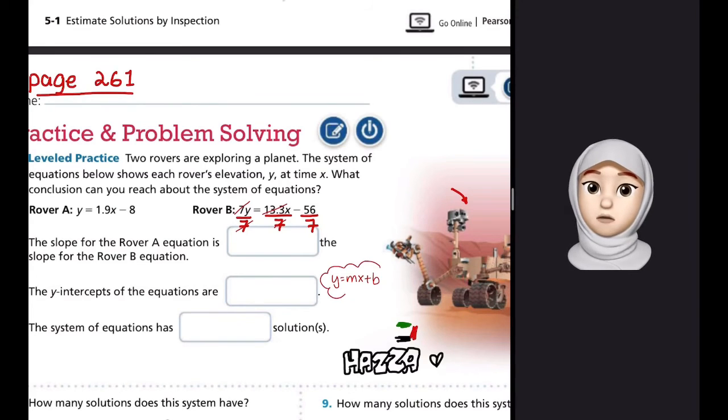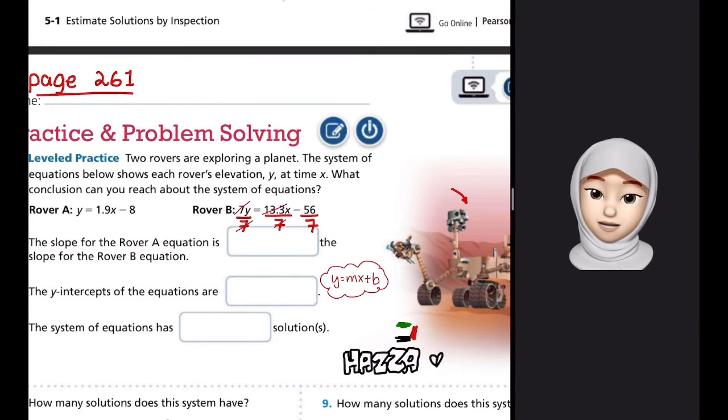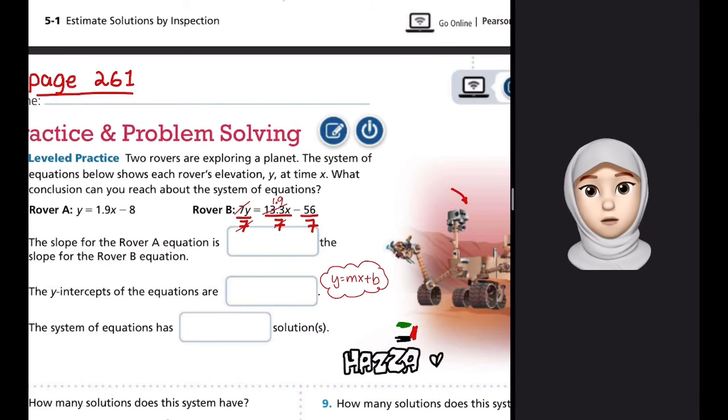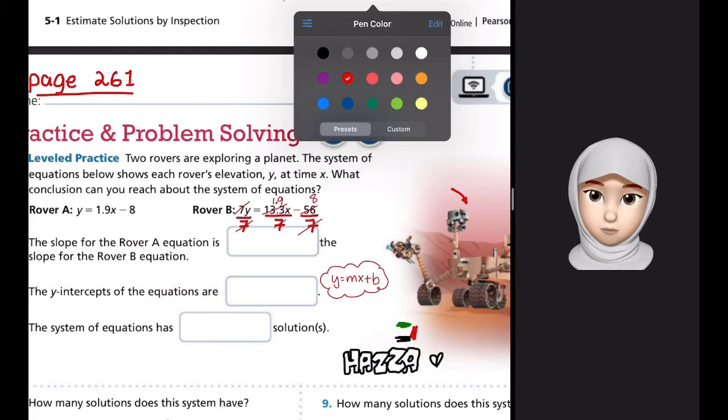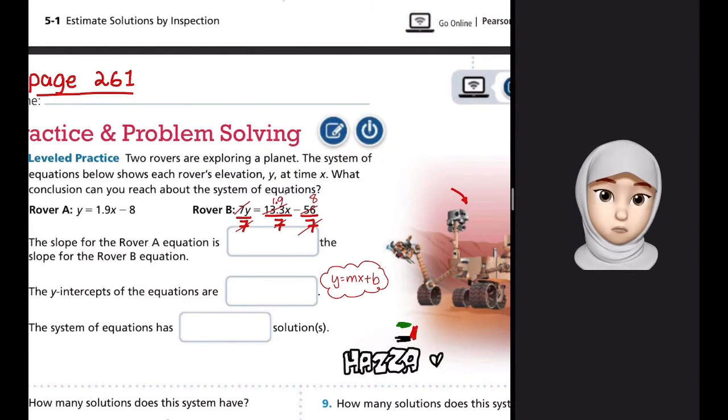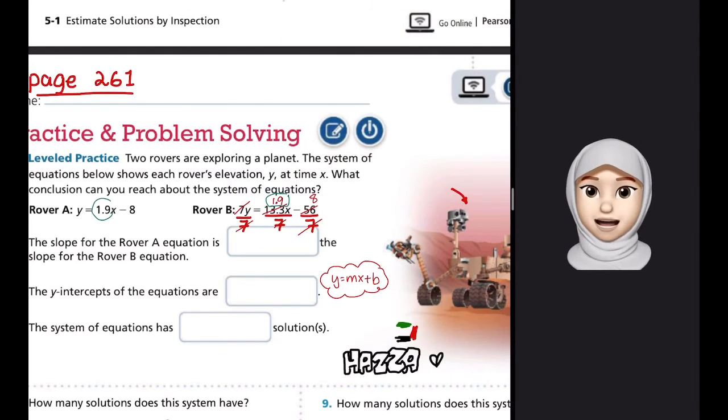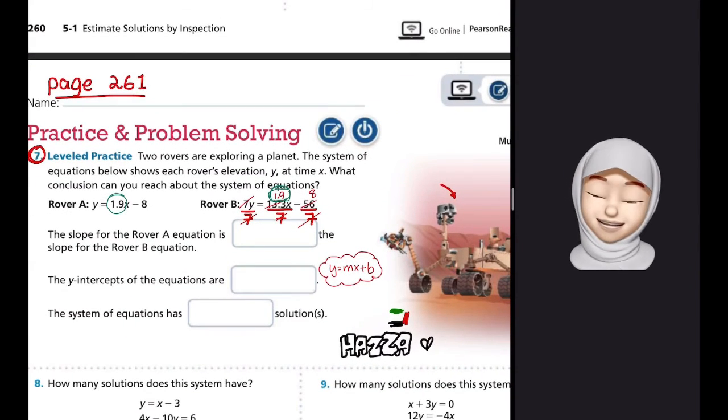If we solve the second equation to make it this standard form, you will find that 13.3 divided by 7 is 1.9. Do you notice something? The slope of equation A is the same as the slope of equation B.